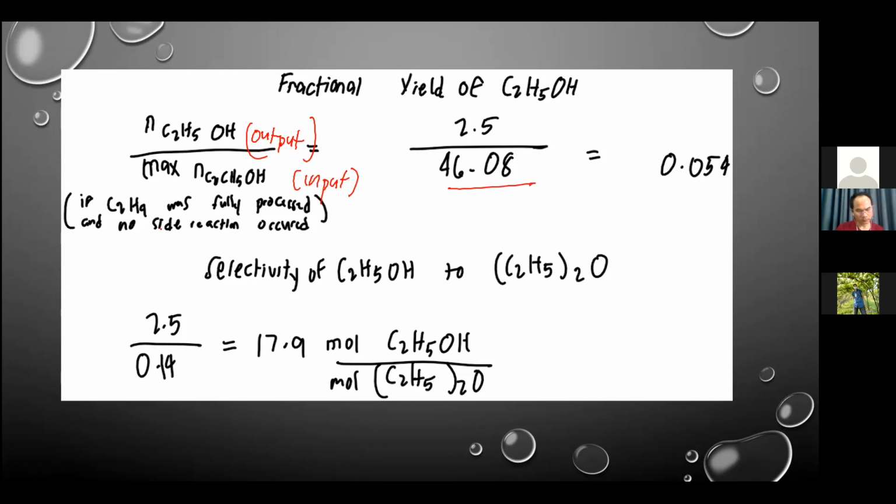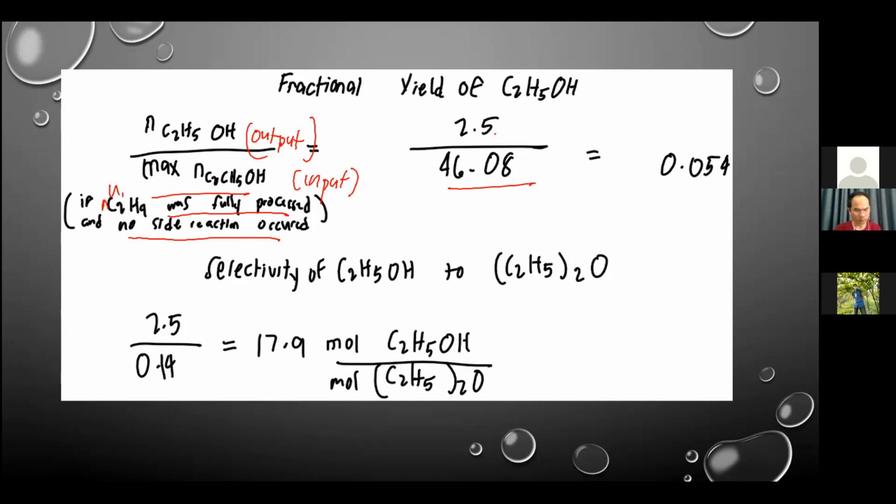It is the condition we can get. It is like the condition where we can get its maximum value of C2H5OH if C2H4, if ethylene was fully processed and there was no side reaction occurred. So we need to know the molar fraction of C2H4 in the input, which is 46.08.